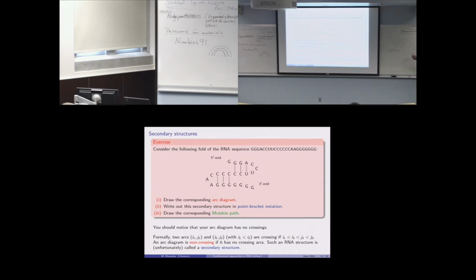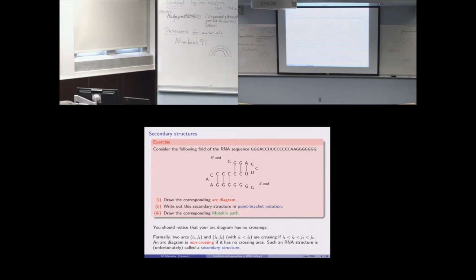The secondary structure is just the raw sequence of edges, or pairs. Given those two things, you can't tell if there are any crossings. So I would call this a secondary structure, but historically, this is not called a secondary structure.